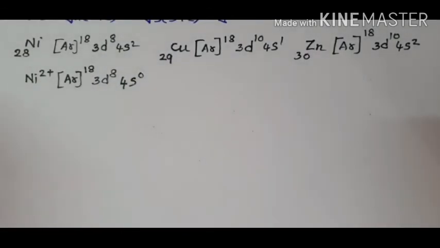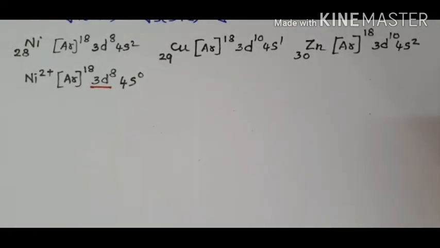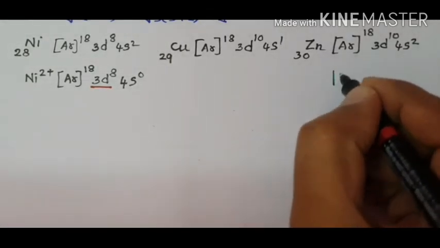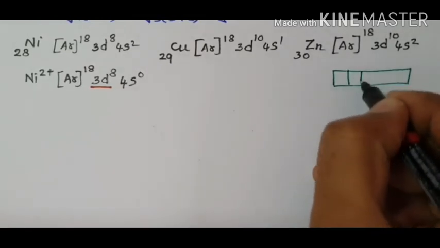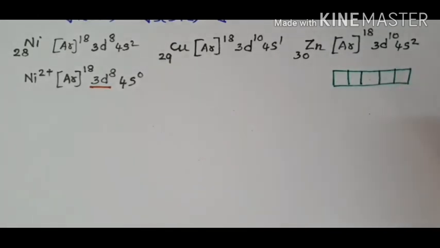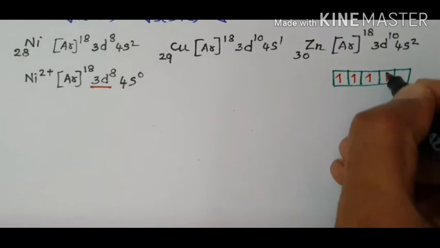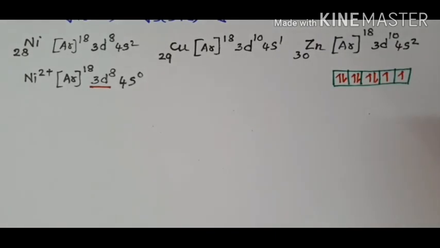The d orbital contains how many electrons in nickel 2 plus? 8 electrons. Now fill the 8 electrons in the 5 orientations of the d orbital: dxy, dyz, dzx, dx squared minus y squared, dz squared. 1, 2, 3, 4, 5, 6, 7, 8. How many unpaired electrons do we have? 2 unpaired electrons in nickel 2 plus.